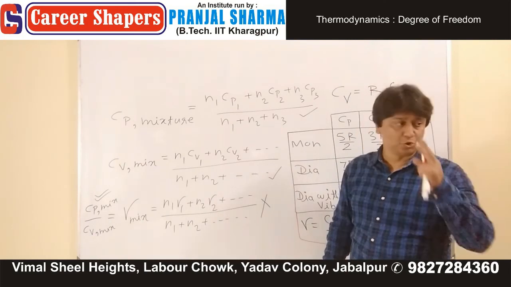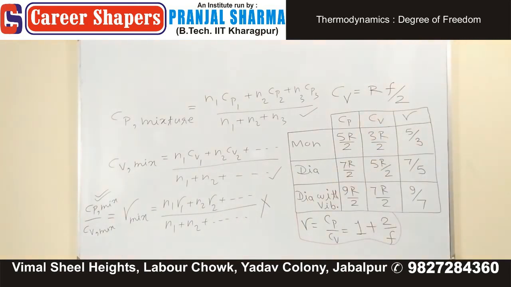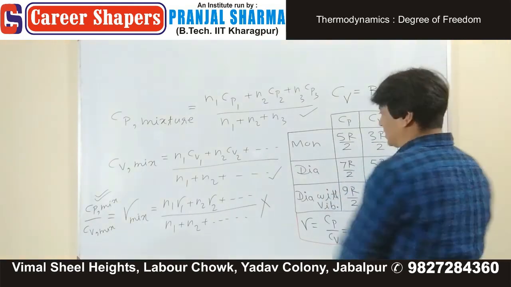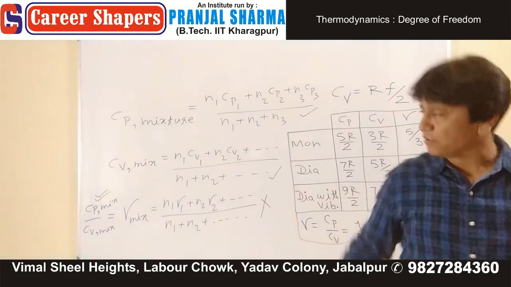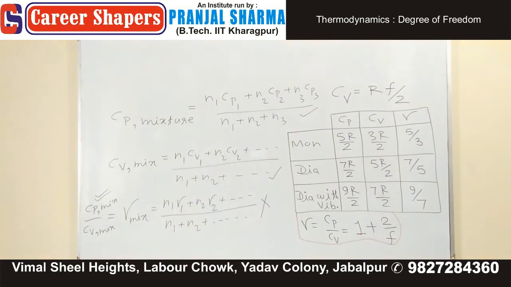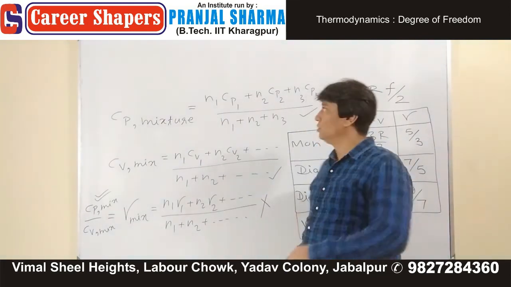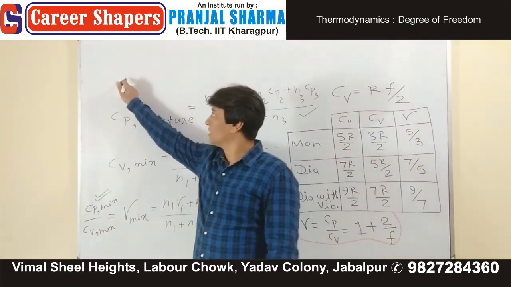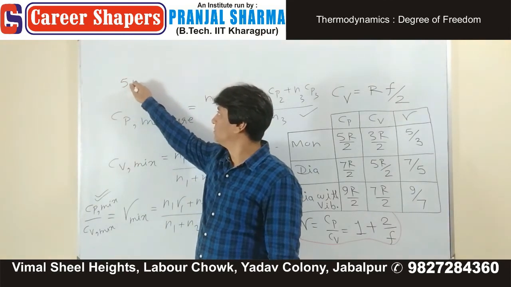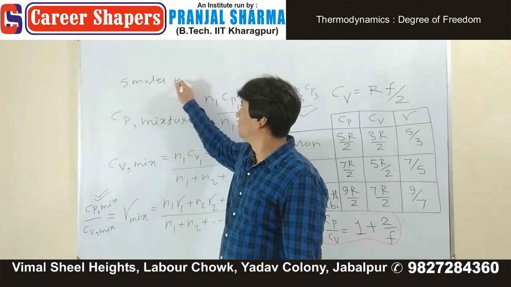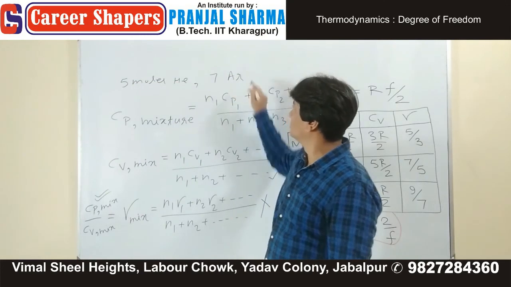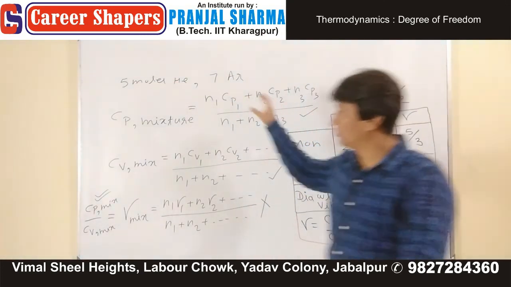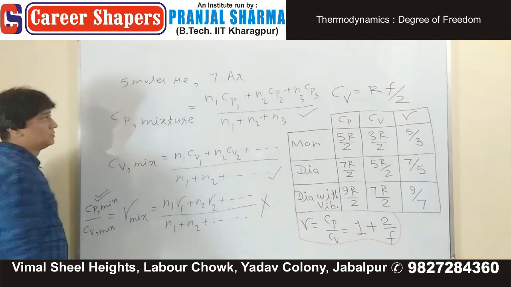I'll just take 2 minutes more. I'll give you a question so that you can understand the whole profile. Take a screenshot fast and write down the question. 5 moles of helium are mixed with 7 moles of argon.